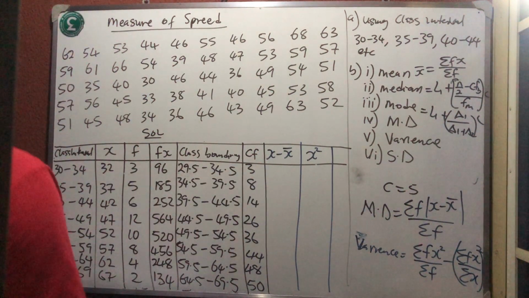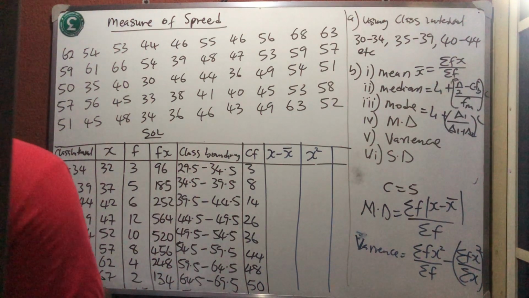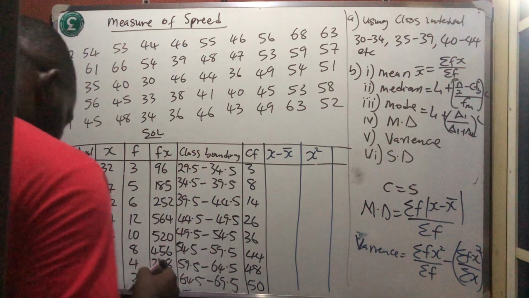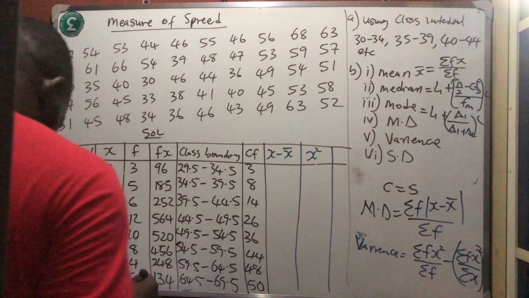So x squared is 32 squared. Where is our x squared?